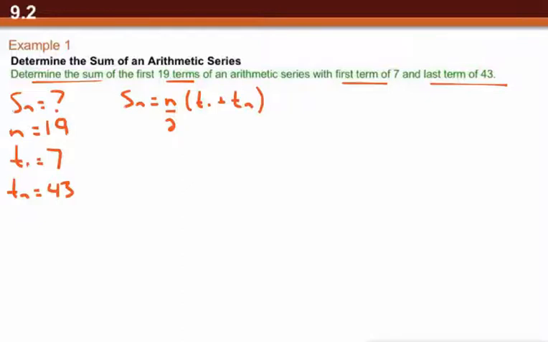And now we can put in what we know. n is 19, T1 is 7, Tn is 43.